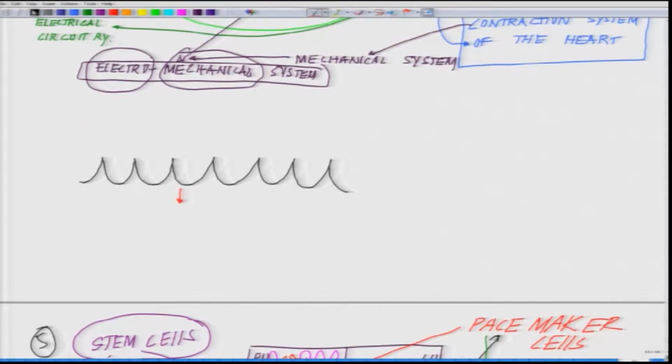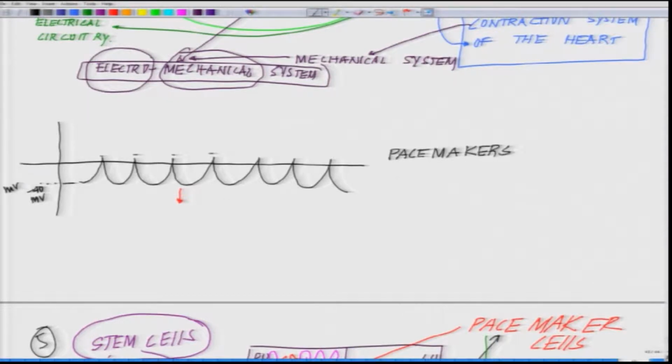Okay, before I draw it like that, let me put the scale. So these cells, in terms of millivolts, are sitting at minus 40 millivolt, and they are overshooting 0 here. Now these are pacemakers.